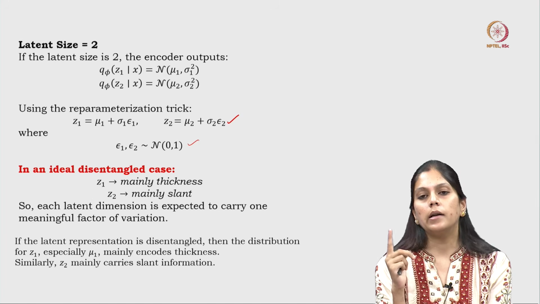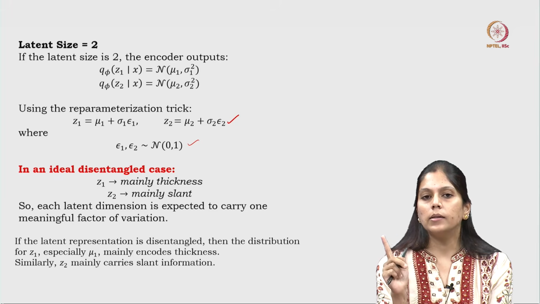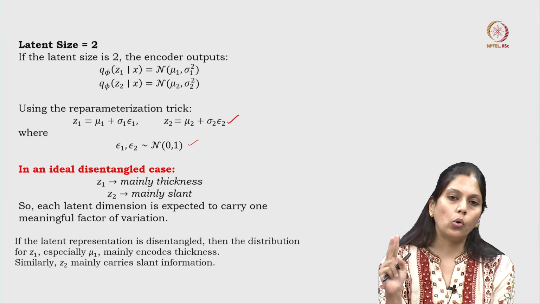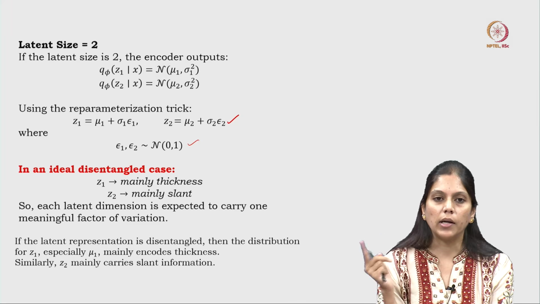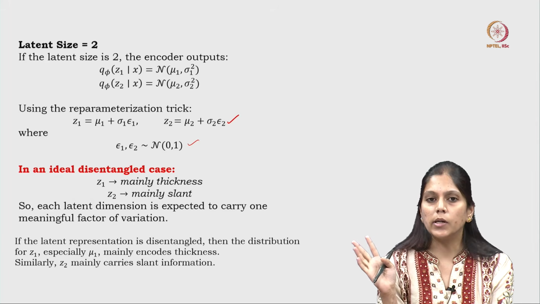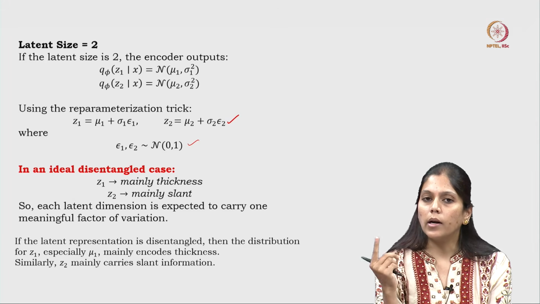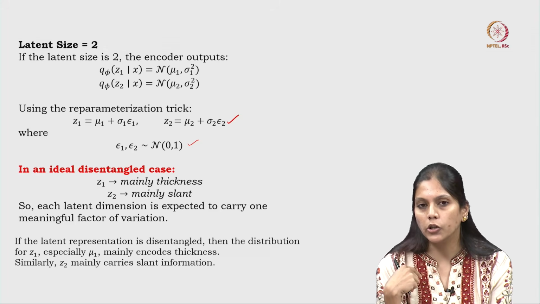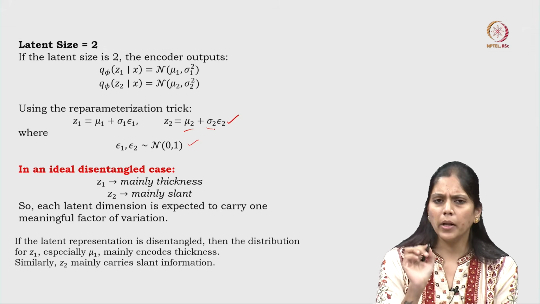If it is a disentangled latent space, which means Z1 is responsible only for one factor, Z2 is responsible only for one factor. So, can I say, for example, Z1 is responsible for thickness, Z2 is responsible for slant. Now, how do you get this Z1 and Z2? Is it not that you are getting Z1 from mean 1 and standard deviation 1, and Z2 from mean 2 and standard deviation 2?